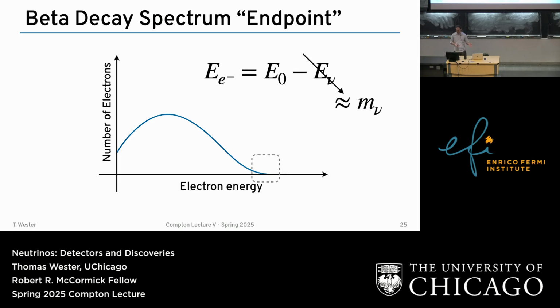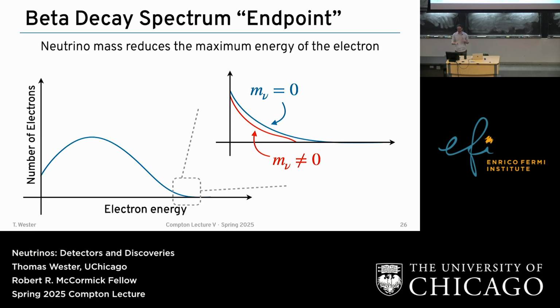So if we zoom in even further, we can start to look at what the endpoint of this spectrum would look like. I have two cases shown here. If we zoom in, the case where the neutrino has 0 mass would look like this blue line. In other words, the electron could infinitely approach the maximum energy it could have, and we would have to do many experiments to try to observe an electron with that energy, but it would be a continuous spectrum.